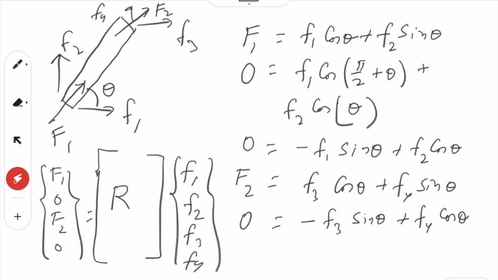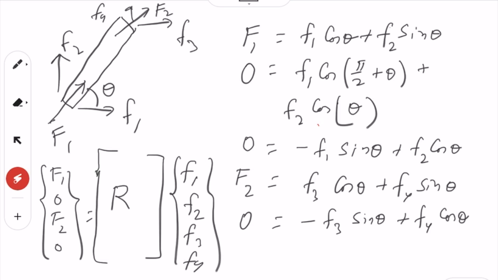Okay, and this R will be given by, we are going to find out how. So for here, start with this one: f1 times cos theta, we will have cos theta; f2 times sin theta, we will have sin theta, and then nothing else. So for this one we have cos theta, sin theta, 0, 0.